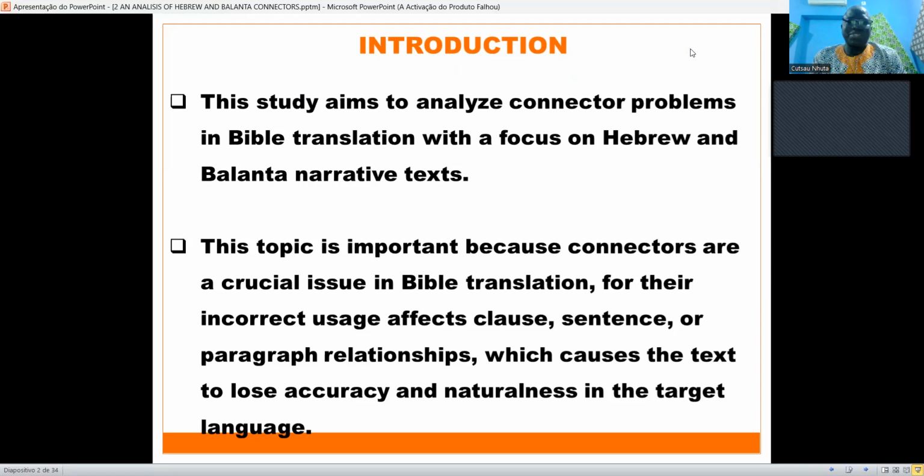It is very important because connectors are a crucial issue in Bible translation, for their incorrect usage affects clause, sentence, or paragraph relationships, which causes the text to lose accuracy and naturalness in the target language.